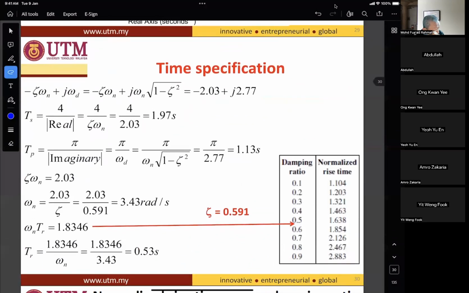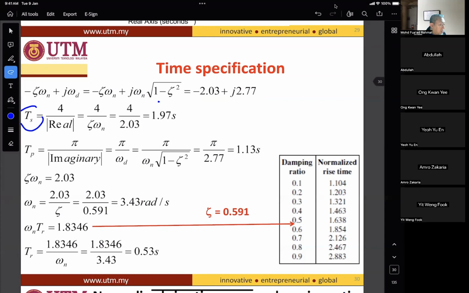From the time spec, we obtain from the graph the dominant pole here, which is equal to minus zeta omega n plus j omega d, and omega d is omega n square root of 1 minus zeta square. So this dominant pole contains a lot of information in design. What you will use here is the formula for the settling time, which is 4 divided by the magnitude of the real part, which is 1.97.